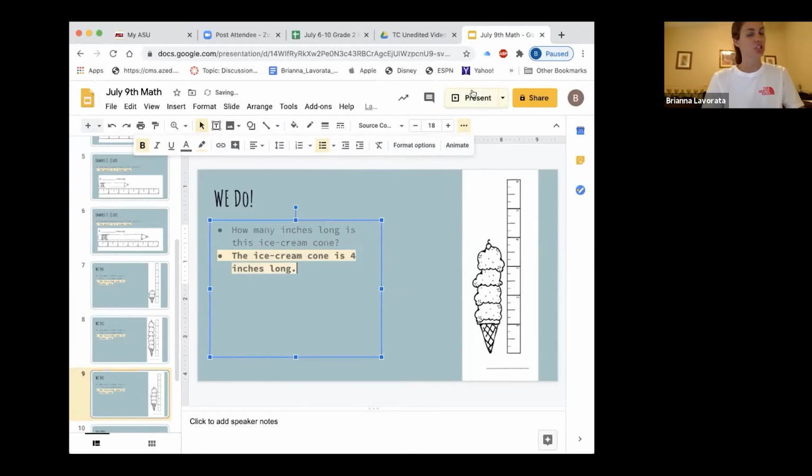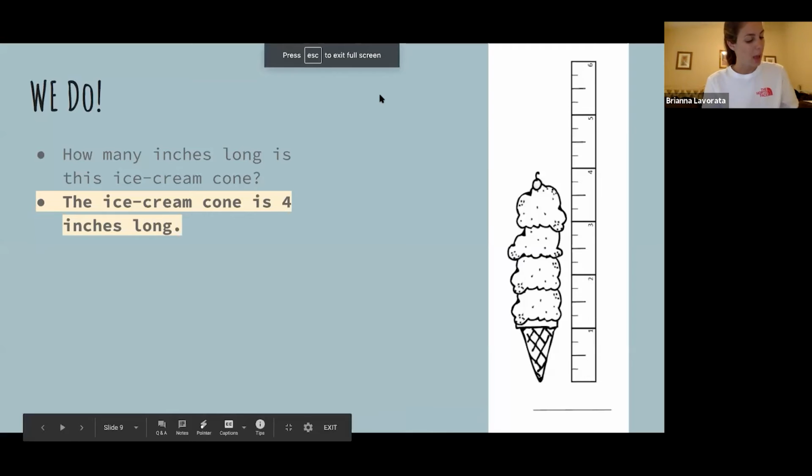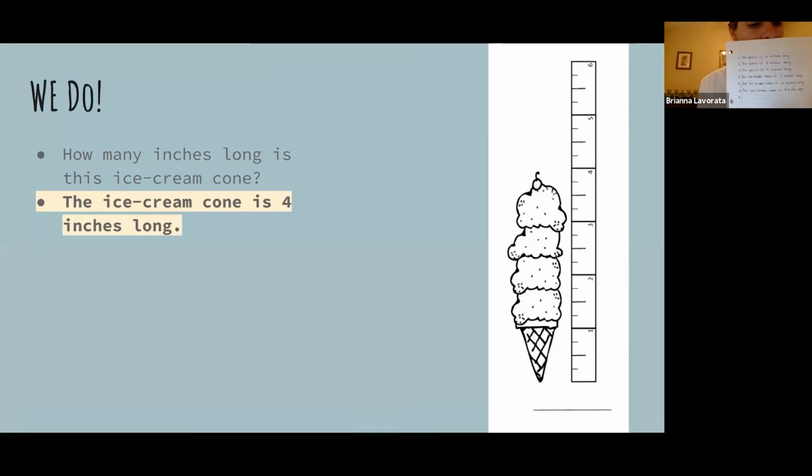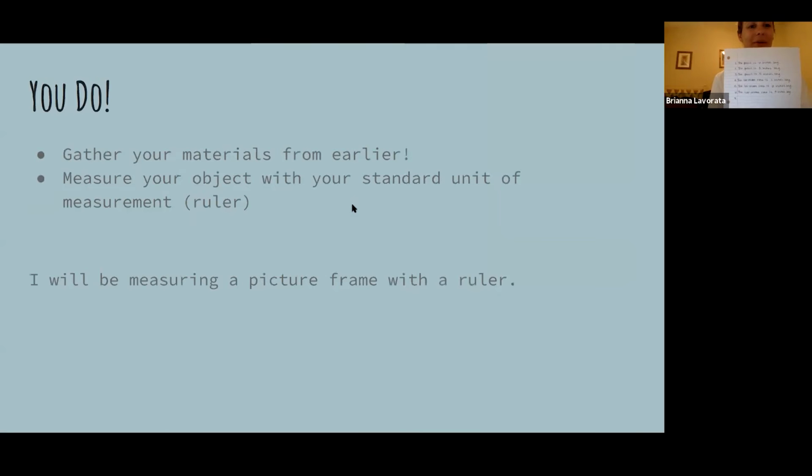We are not measuring how wide it is. We are just measuring how long our ice cream cone is. 4 inches long. Go ahead and write the number 7 below your number 6 after you finish writing this sentence down. And we're going to move on to another one.